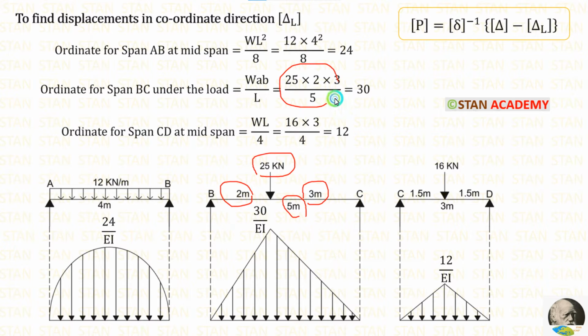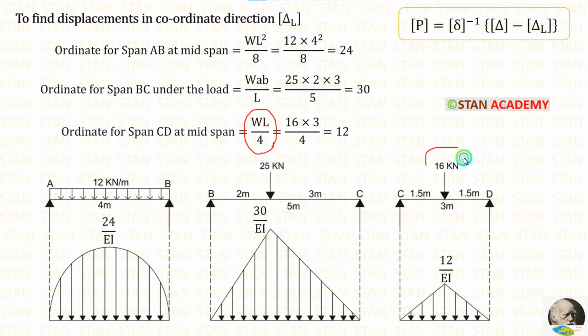When we apply all the values in the formula, we are getting 30. Now let us take the beam CD. Here a point load is acting on the center. If the point load is acting on the center, the formula for bending moment is WL upon 4. Here W is 16, L is 3. When we apply inside the formula, we are getting 12.